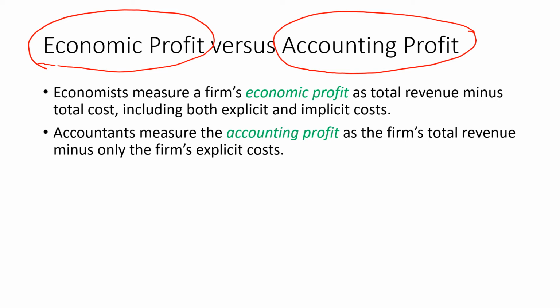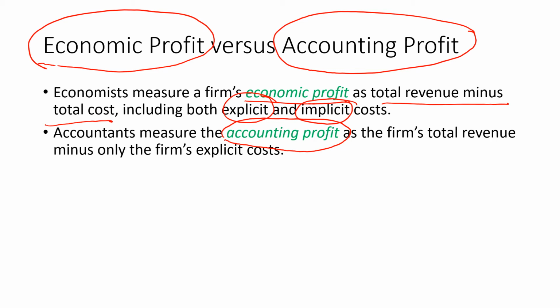So economists measure the firm's economic profit as total revenue minus total cost, and this total cost includes the explicit cost as well as the implicit cost. An accountant measures the accounting profit, the net income that we usually talk about.